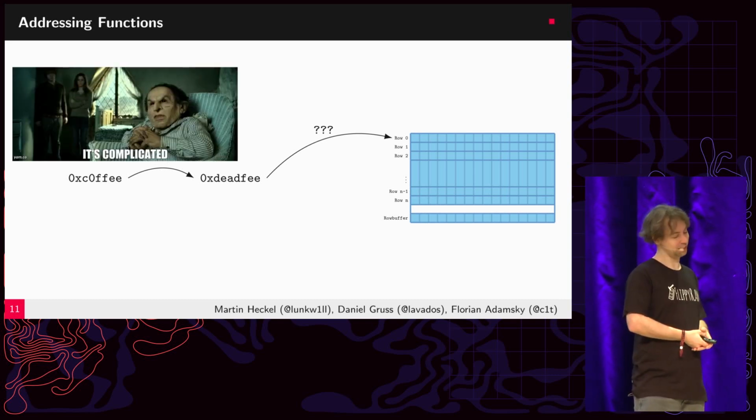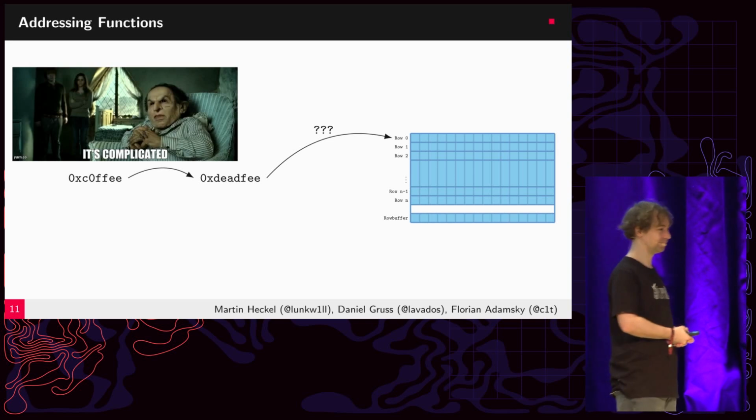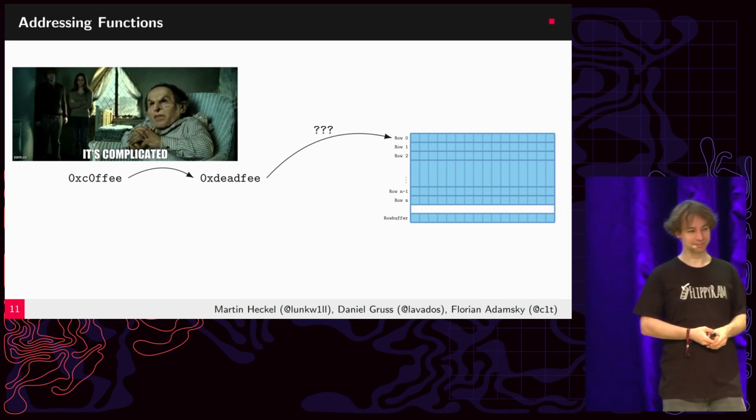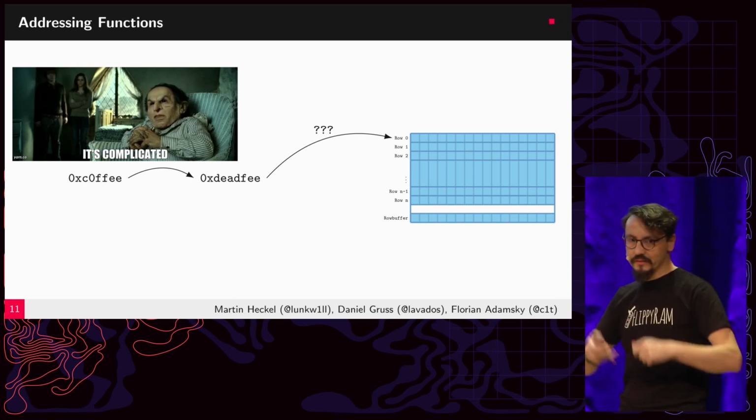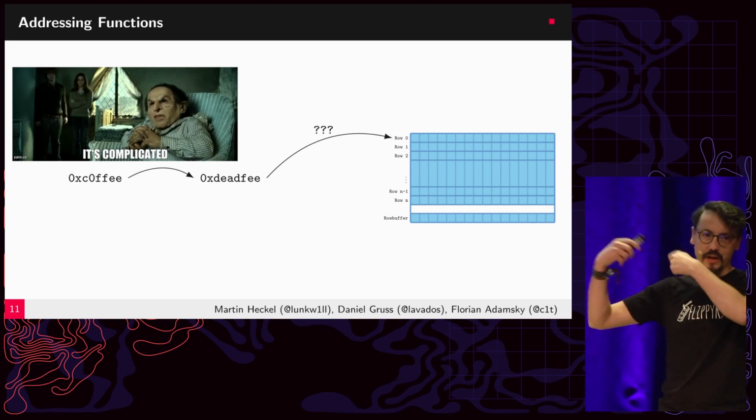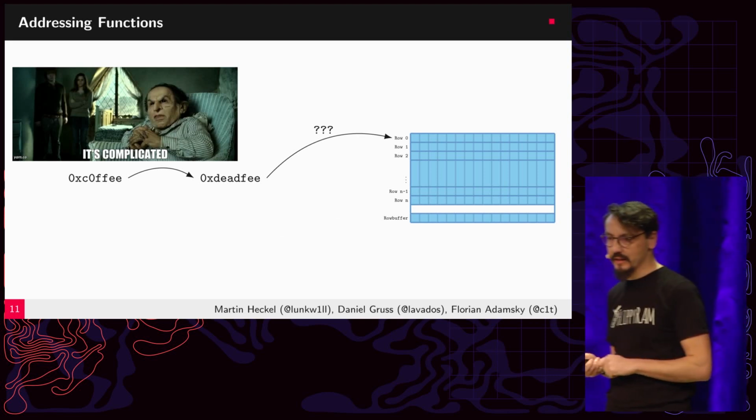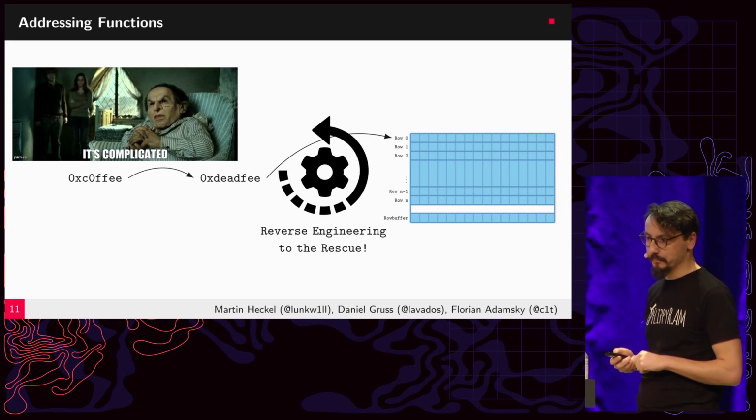So it's complicated to get from the virtual address to the physical addresses, and when we have the physical address, to get to the notation that we have rows and banks and stuff like that, well, reverse engineering to the rescue.